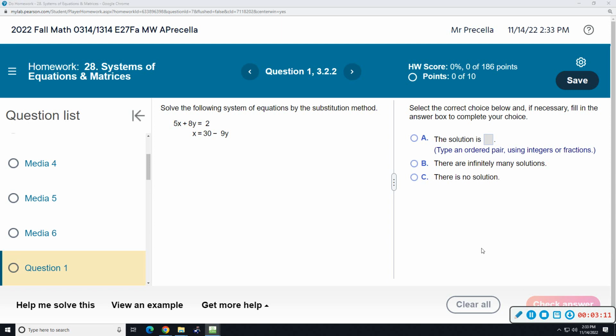Now the second equation is x equals 30 minus 9y. There. So we have 5x plus 8y equals 2, and x equals 30 minus 9y.